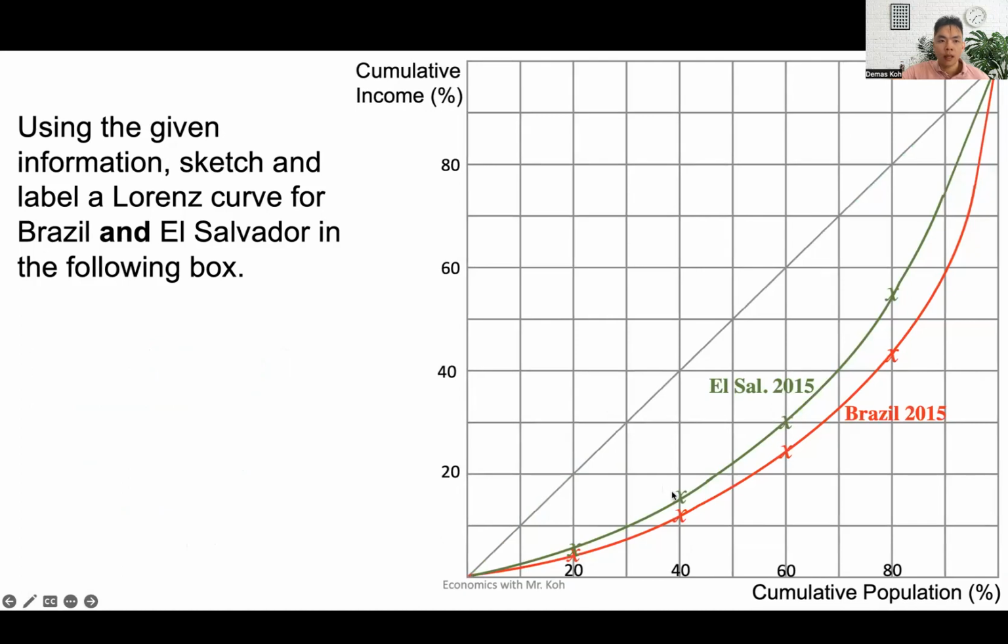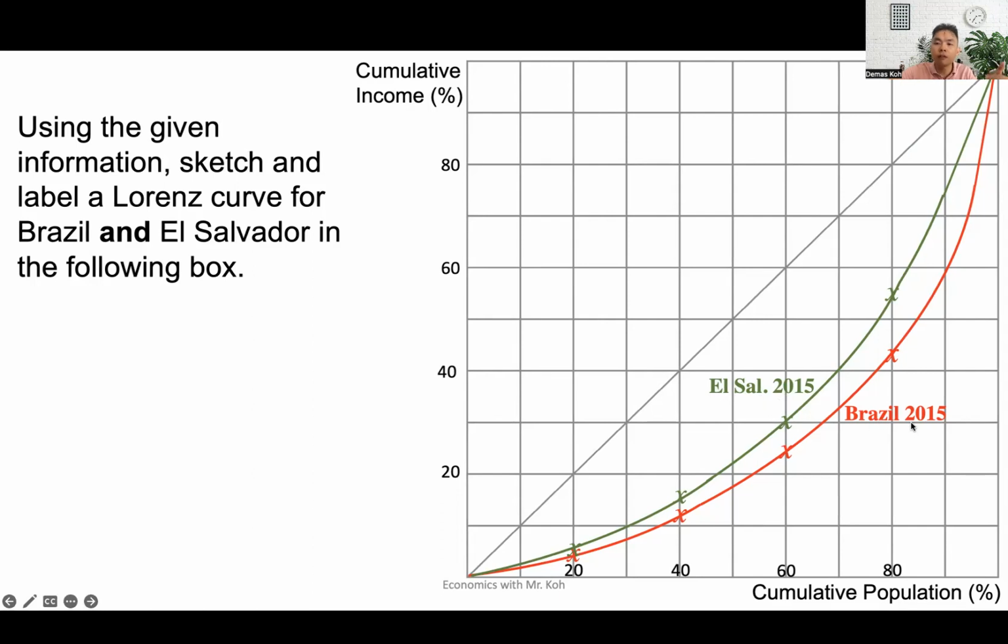So, Lorenz curves are helpful in showing the income distribution, how income inequality differs across countries. And actually, you can also do an intertemporal comparison. So for example, you might not want to do a cross-country comparison or interspatial comparison across space, that is, between two countries.